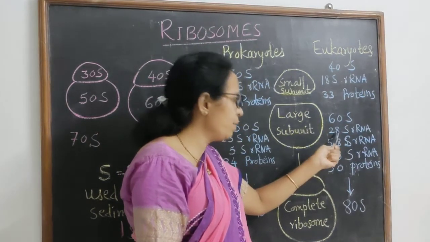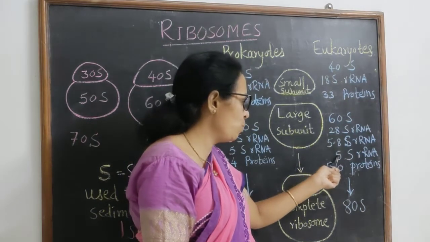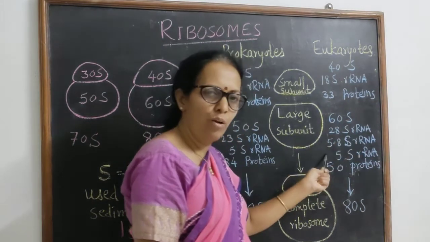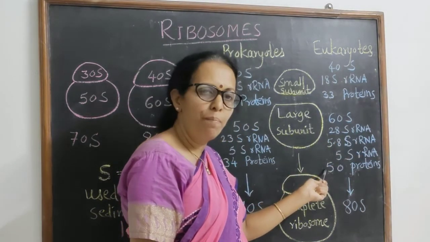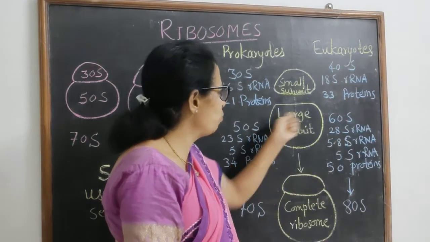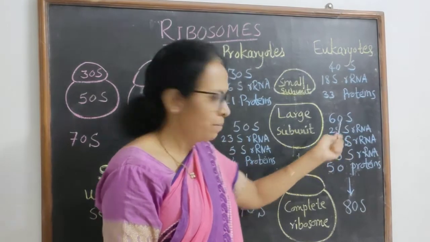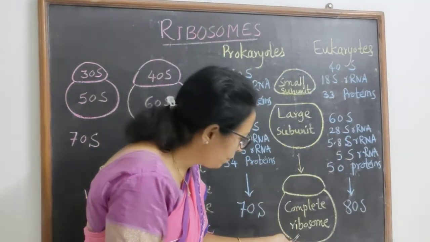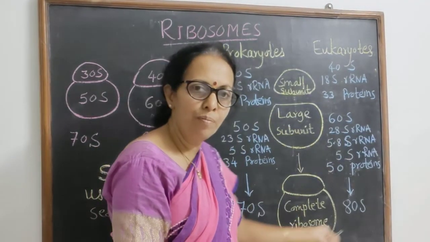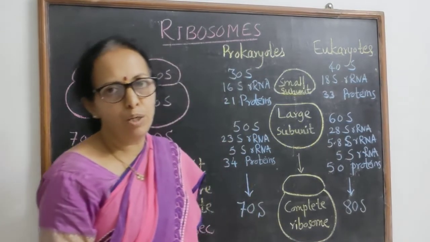These are all rRNA units, and 50 proteins are there, which form this large subunit of 60 Svedberg units, forming the complete ribosome of 80 Svedberg units.